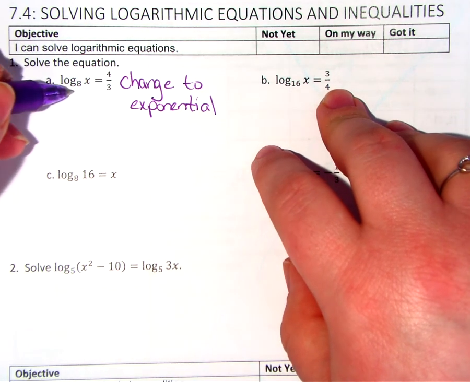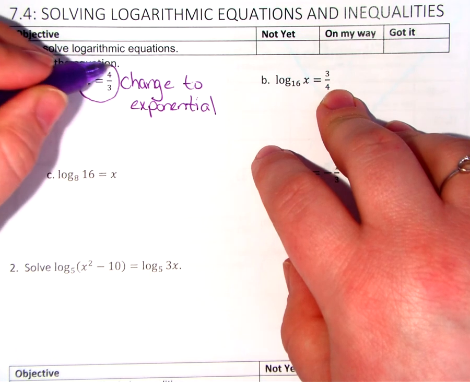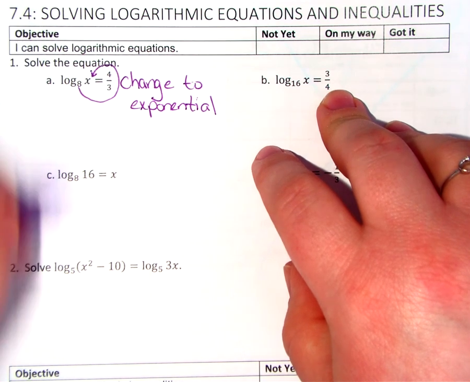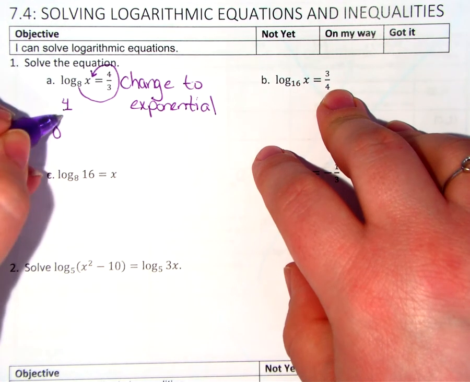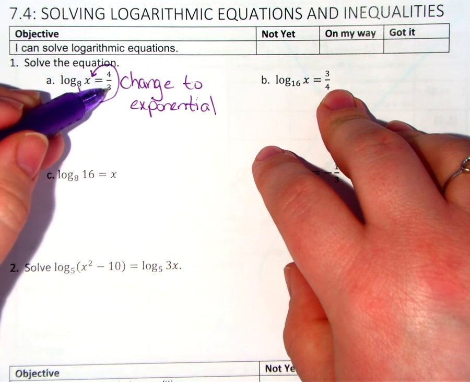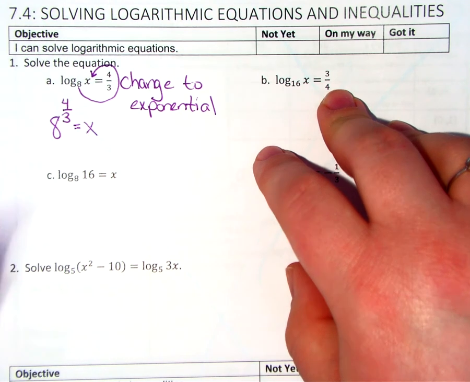So I'm going to choose to use the loop. Start at the base, go around the equal sign, end at the number next to the base. 8 to the 4/3, because that's what my loop touches next, equals the number next to it.